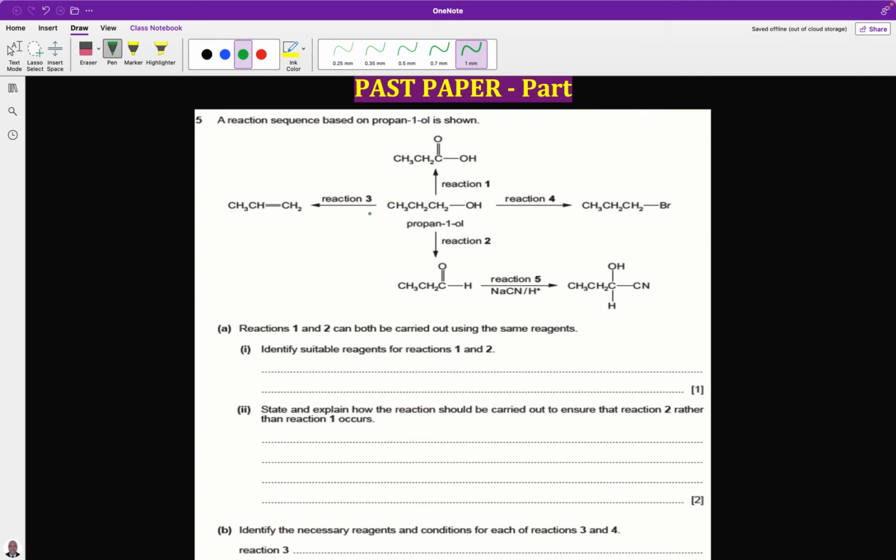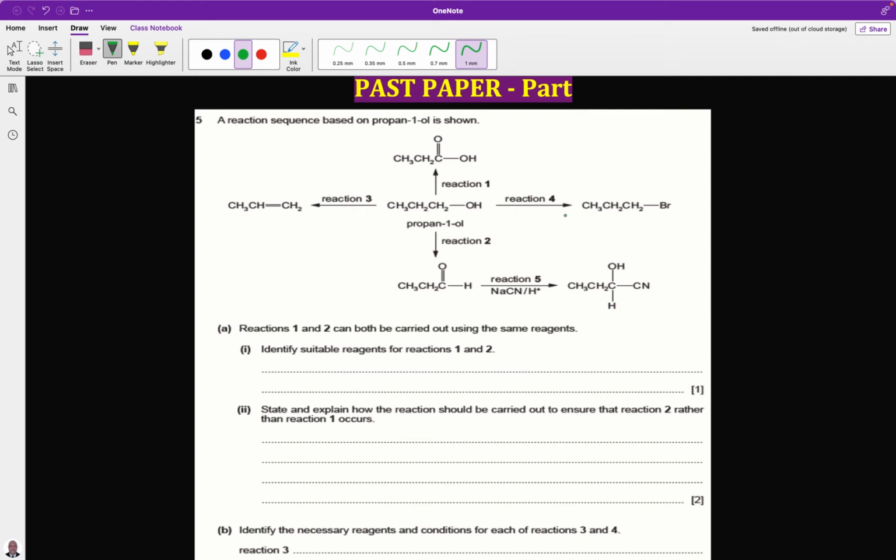Propan-1-ol in reaction 3 gave us an alkene. There is dehydration that has occurred in reaction 3 to give us an alkene. In our previous studies, we did dehydration of alcohol, so dehydration of alcohol will lead to alkene.